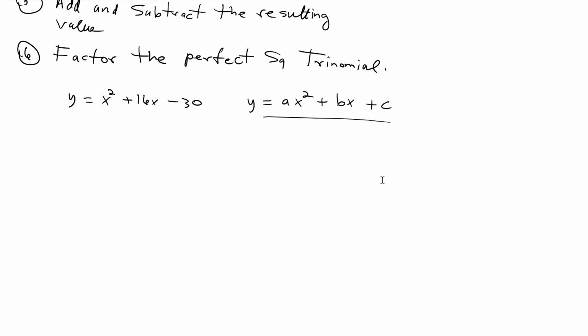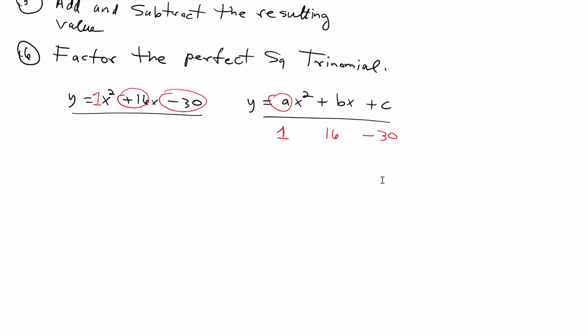What we can see here is that our a value corresponds to 1. The 1 is right here. It is not shown, and when it is not shown, it is equivalent to 1. The b value is 16, and the c value is -30.